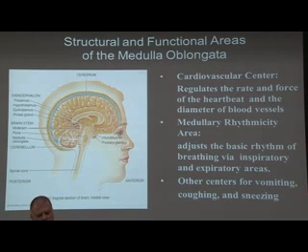When we actually get to our heart, what we're going to find out is the heart doesn't need your brain at all to create a steady pattern of contraction and relaxation, because the heart has its own pacemaker system. So the heart itself can control a reasonably steady rate of contraction, relaxation.